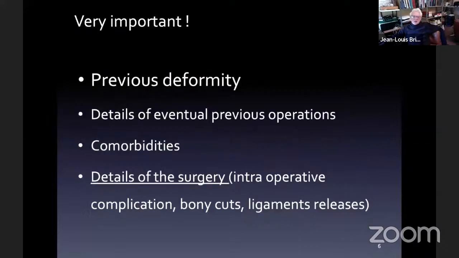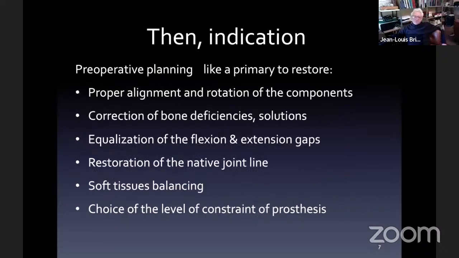So it's very important now to know the previous deformity and the details of the surgery: intraoperative complications, bony cuts, ligament release, and also to know the comorbidities. They play a role in the indication of the treatment. So indication: we look at whether surgery is indicated. Preoperative planning is very important.